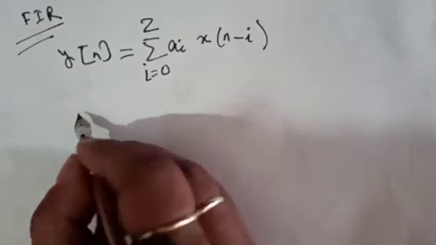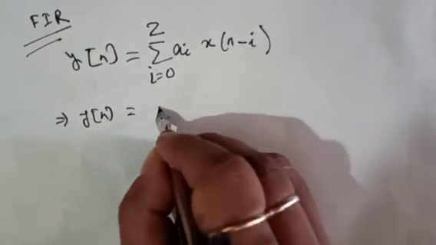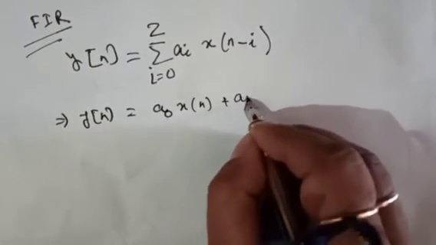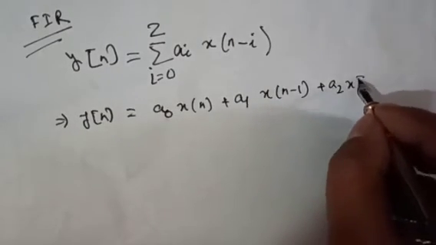So if we expand this, it will be y of n is equal to a0 x of n plus a1 x of n minus 1 plus a2 x of n minus 2.